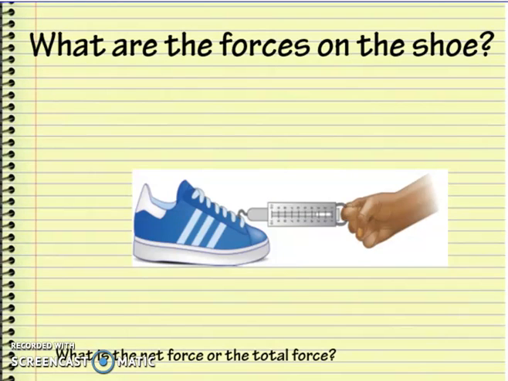Okay, so I'm going to draw some forces on this shoe. What is the total force on this shoe? From the center of it, I've got a force that's being pulled to the right. I've also got a frictional force, and that frictional force depends on a couple of different things.